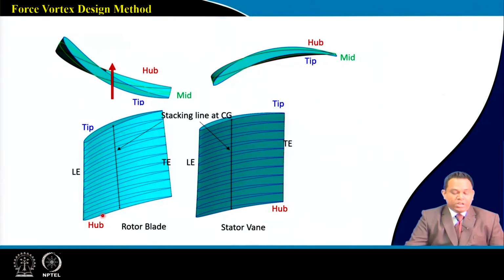So near the hub region, my delta beta is coming to be lower. Even near the tip region, we are not having delta beta coming to be large. So this is giving a less twisted blade, and both of them are being stacked about the CG.